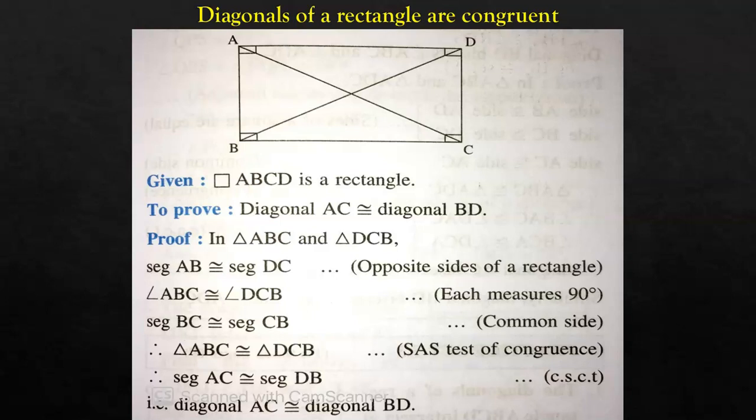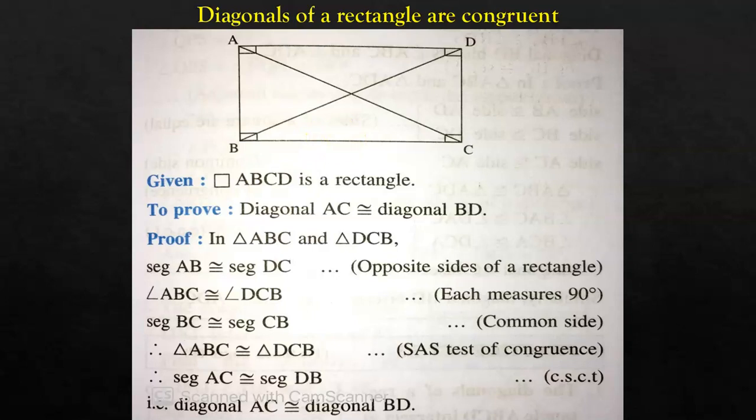Let us start. In triangle ABC and triangle DCB, we have the triangle over here, ABC, so this triangle, and triangle DCB, this triangle. Segment AB is congruent to segment DC, opposite sides of a rectangle. Angle ABC is congruent to angle DCB, each measures 90 degrees. And side BC is congruent to segment CB, common side.